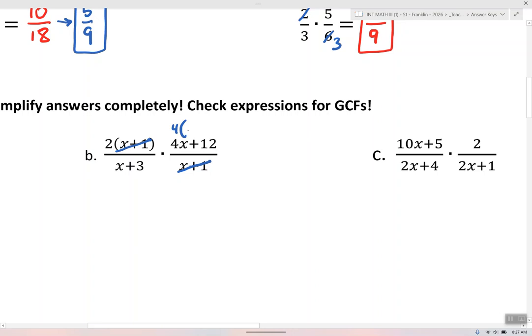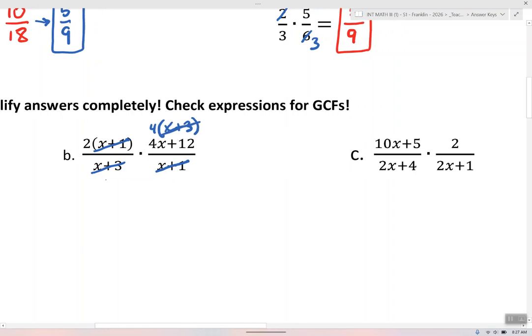So that'd be 4 times x plus 3. Well, that'll cancel out with this x plus 3 down here. So I just have 1s on the bottom of each fraction now. So 2 times 4 on top is 8, and 8 over 1, that's just 8. So my answer there is 8. All that stuff canceled out.